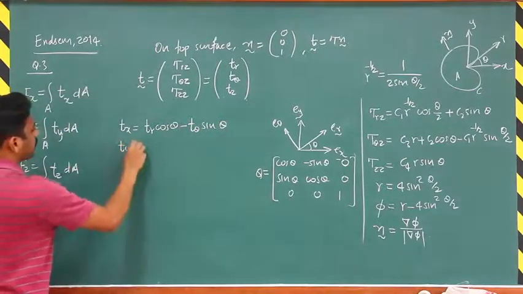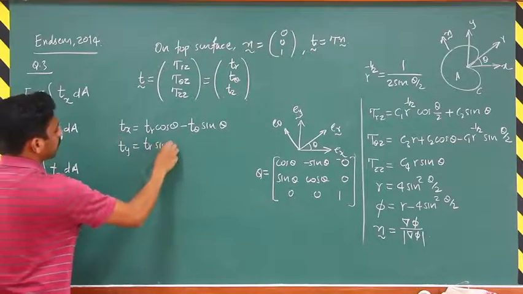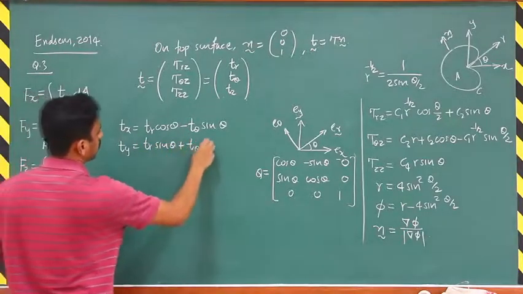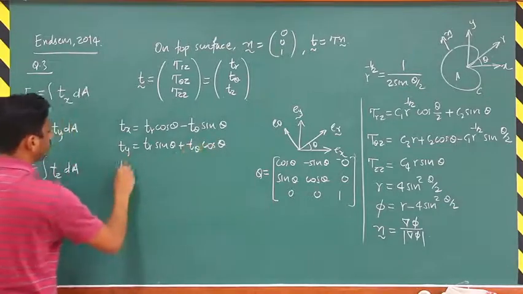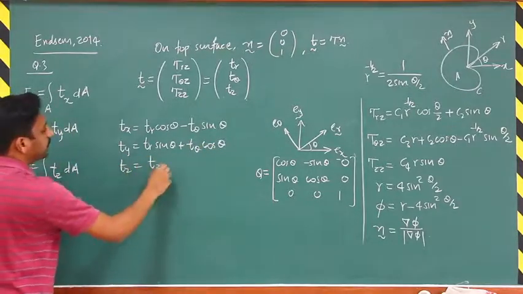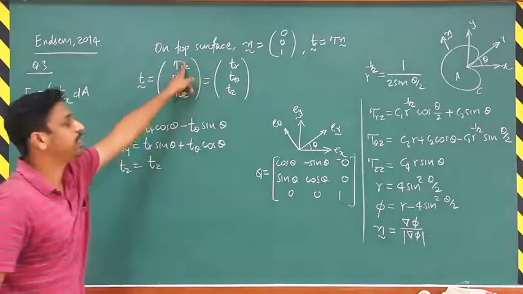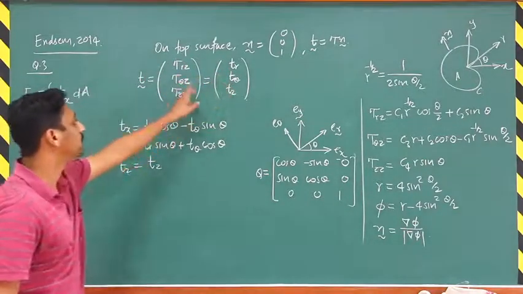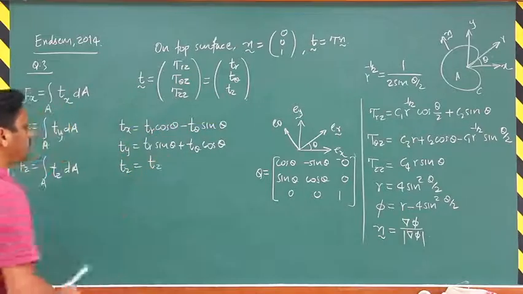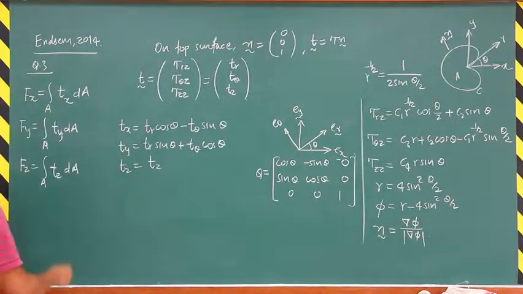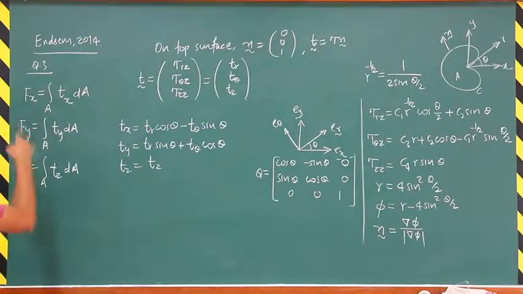Ty will be Tr sin theta plus T theta cos theta, and Tz will remain as it is, Tz. And now on this top surface, Tr is nothing but tau Rz, T theta is tau theta z and Tz is tau zz. So we make use of these expressions to find out the net force along x, y and z direction.